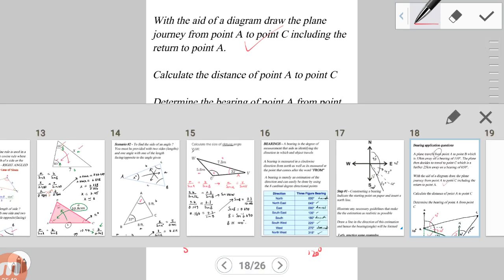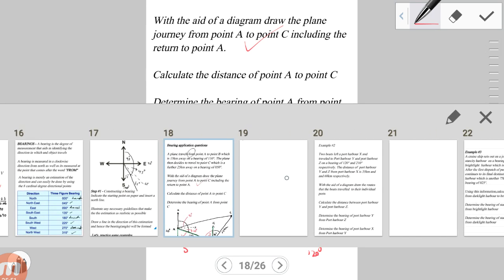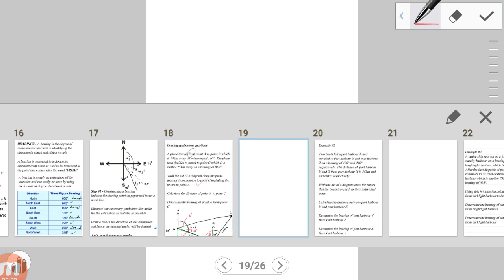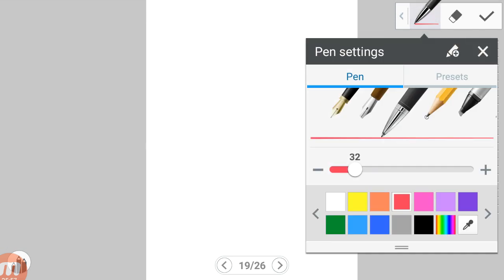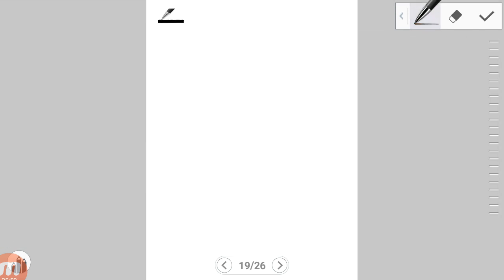So we can just go across to this page here and find the cosine rule to be c squared is equal to a squared plus b squared minus 2ab times the cosine of the angle between the two sides.